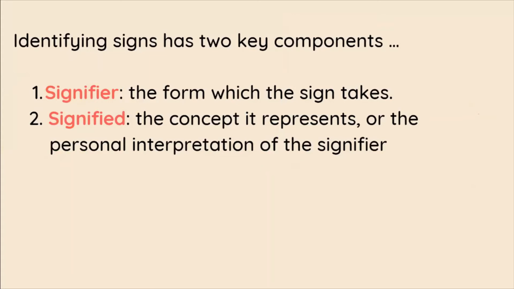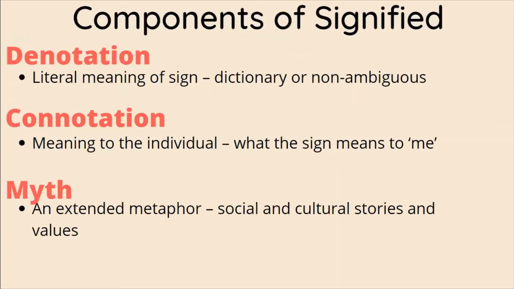Signifier refers to the form which the sign takes, and the signified is the concept it represents or the personal interpretation of the signifier. In simpler words, the signifier is what you see in the artwork, and the signified is your interpretation of what you see in the artwork.